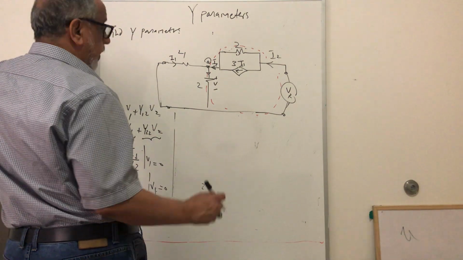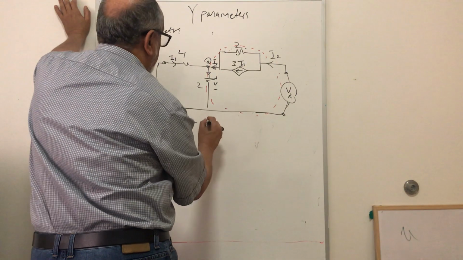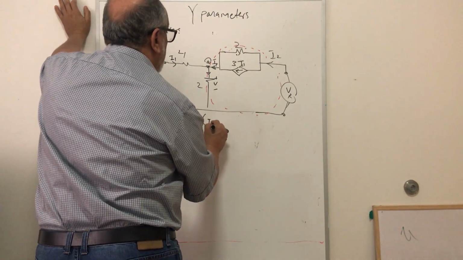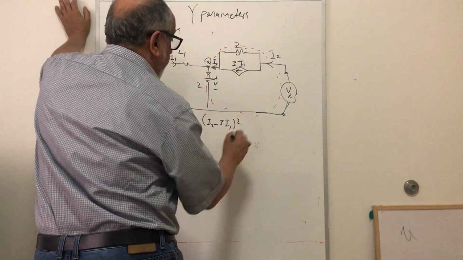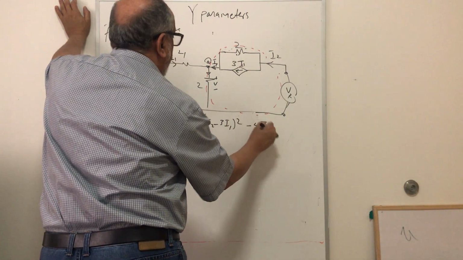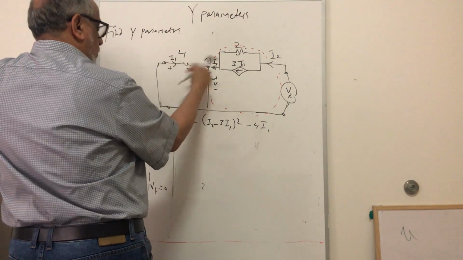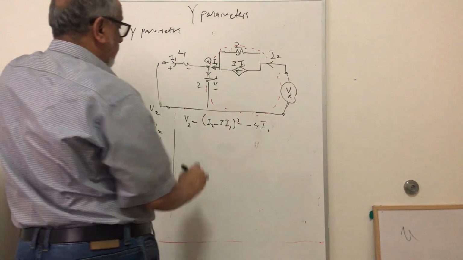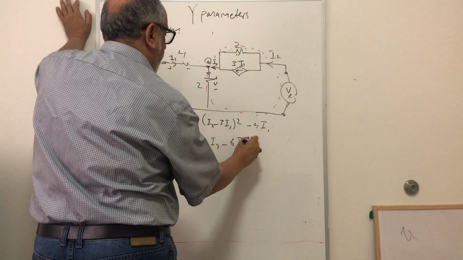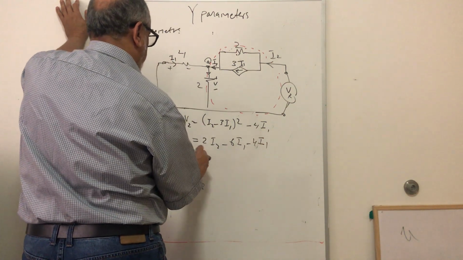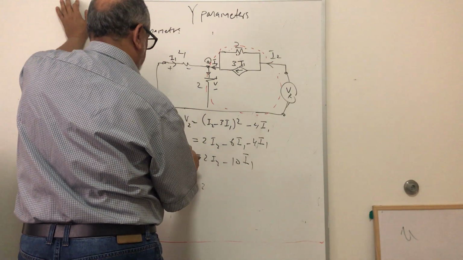So we know that V2 from the previous loop is equal to I2 minus 3I1 times 2 minus 4I1, which is this one actually, because I1 is going in this direction, so this will be minus 4I1. So this can be reduced to 2I2 minus 6I1 minus 4I1, so it will be 2I2 minus 10I1, so that is V2.